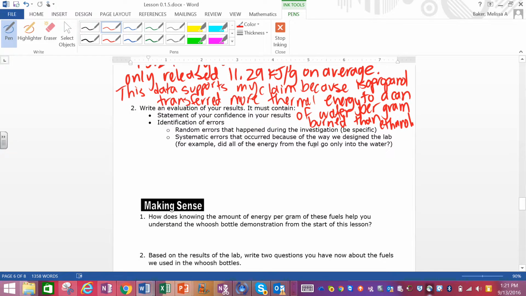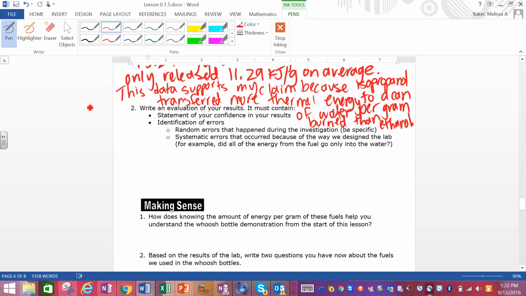Number 2, how confident are you in your results? So there's a few ways that you could think about this. You could make sure that when you compare with other groups that they were also getting that the isopropanol was releasing more energy per gram. You could base it on the fact that your group's procedure ran pretty smoothly.